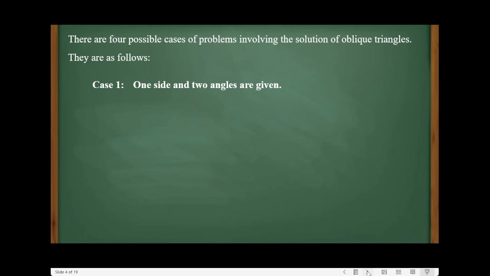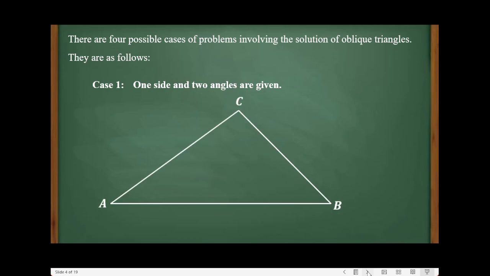Suppose, again, we refer to the same oblique triangle. From this drawing, the three given parts under case number one are this side, which is opposite angle A or alpha, together with the opposite angle alpha and angle beta.